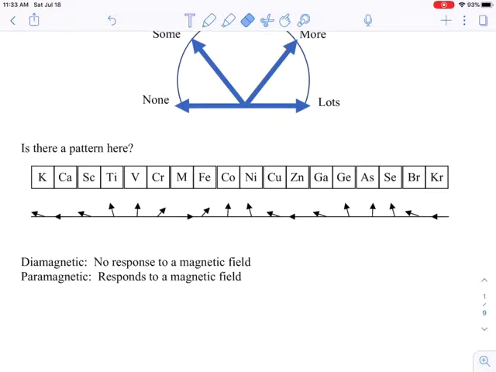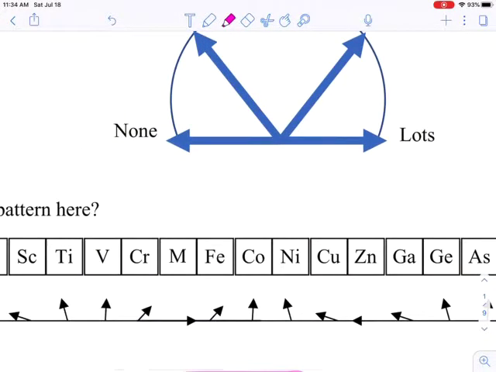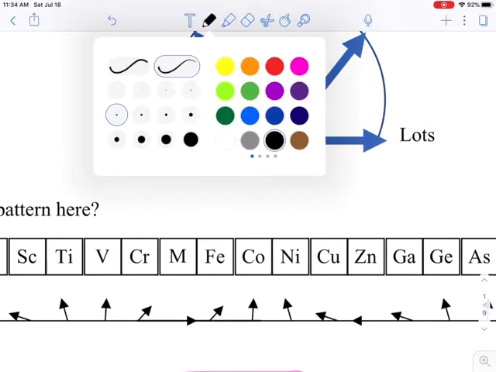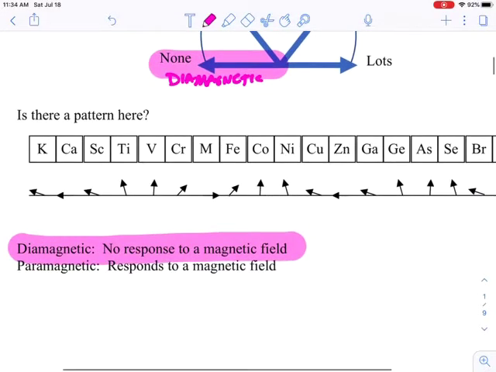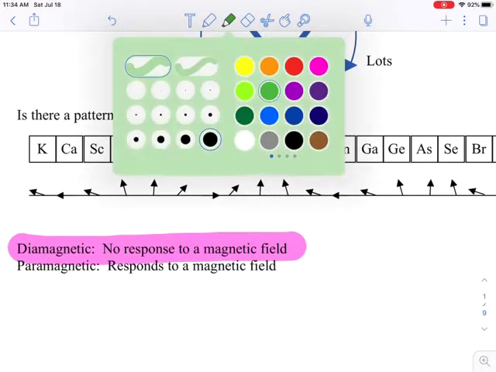A couple of terms might come up for you in problems and on the AP test. The first of which is diamagnetic. Diamagnetic is just this: there is no response whatsoever to a magnetic field. So this one and this one alone is diamagnetic.